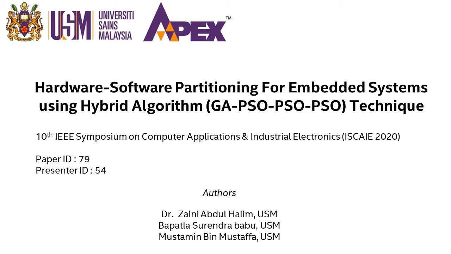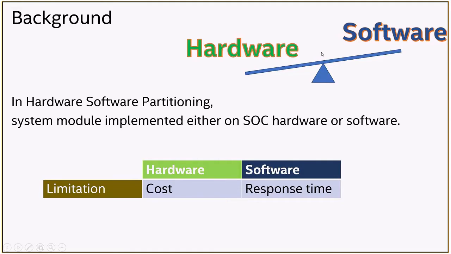To give a background, what is hardware, what is software, and what is this hardware-software partitioning? In hardware-software partitioning, there would be a SoC, system on chip, and the entire system can be developed entirely in hardware or entirely in software.